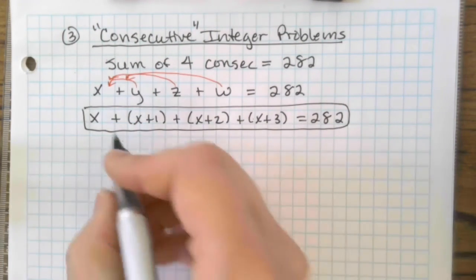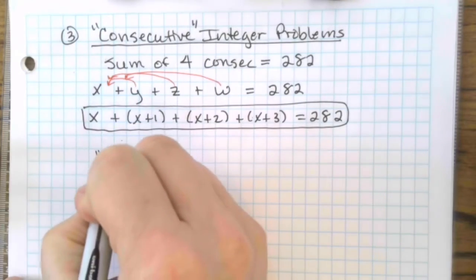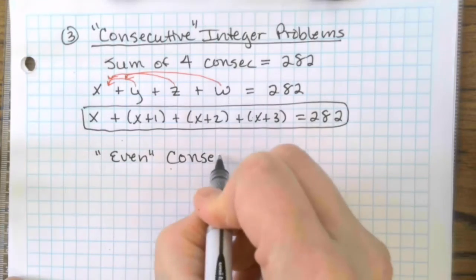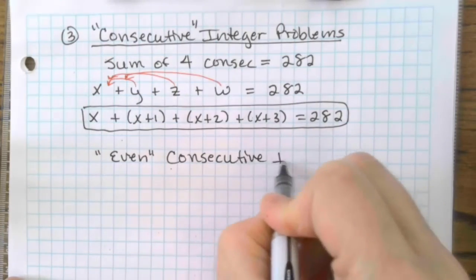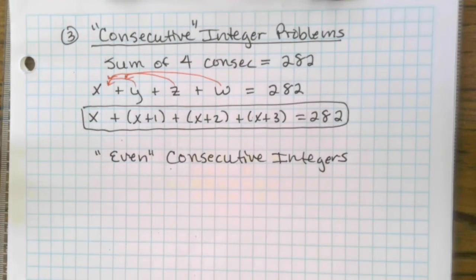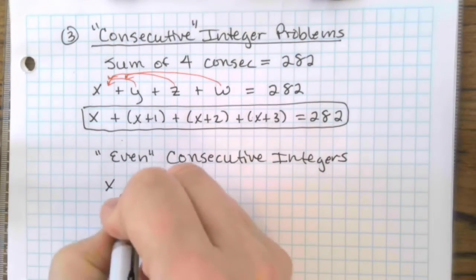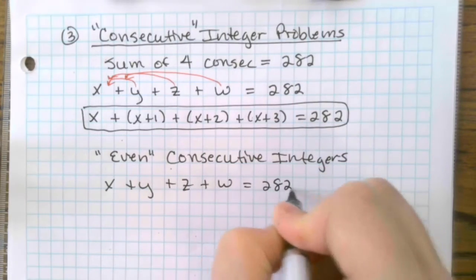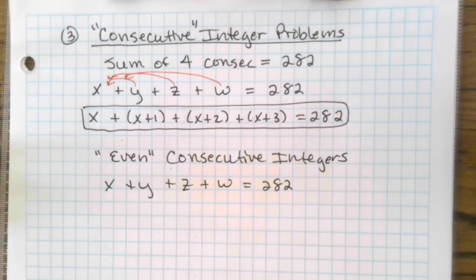What if they tell you, though, that they want the sum of even consecutive integers? Even consecutive integers. So you still have x plus y plus z plus w equals 282, but these don't go by ones.